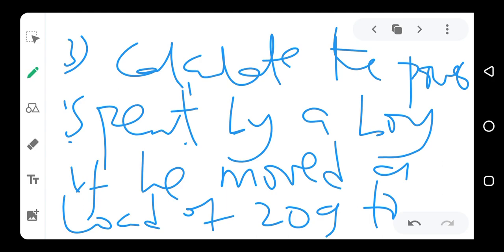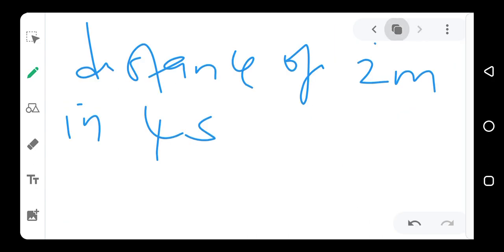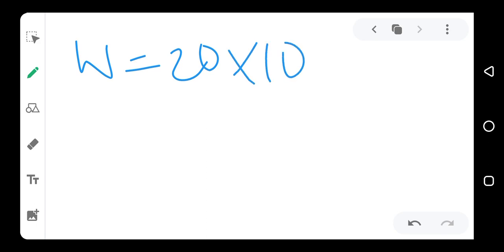Weight is measured in Newton, that is N, but mass is measured in gram, which is G. Now to convert mass to weight, we times it by 10, like I told you in the previous class. So the solution: our weight is equal to 20 gram times 10, which will give us 200.